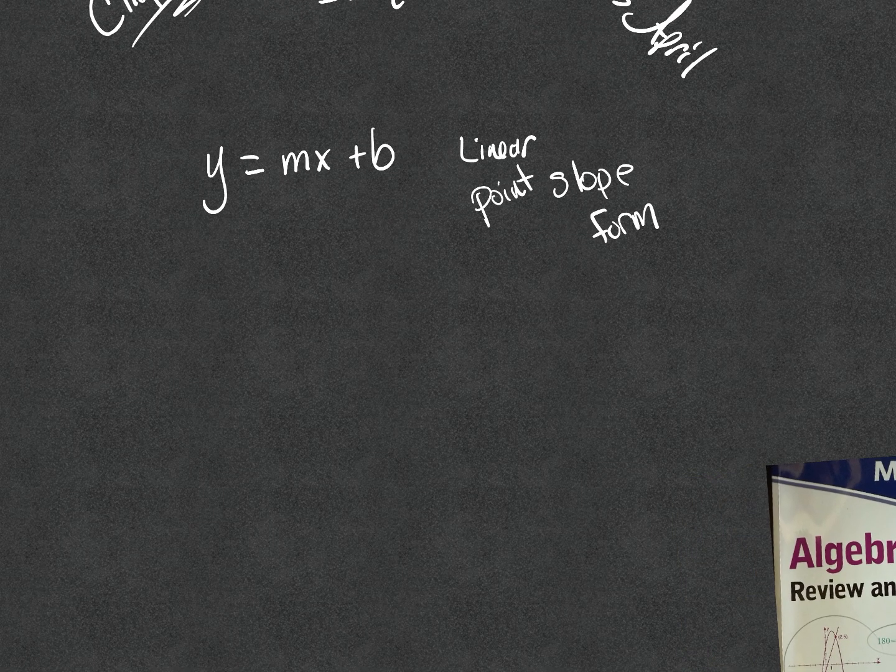Now, whether I put the y on the left or the right, it doesn't matter. I could substitute the variables, y and x, for something else. Maybe you're familiar with standard equations that might look like this.